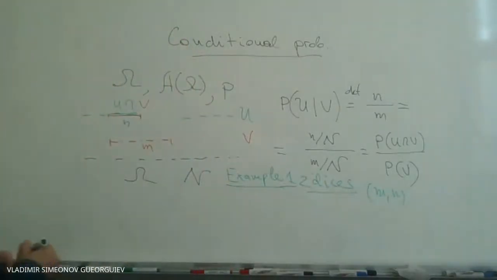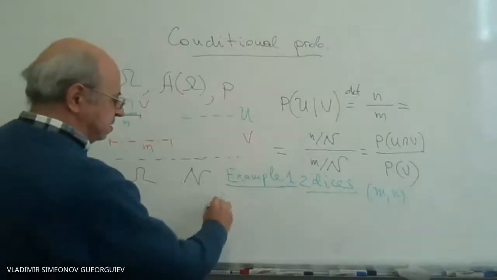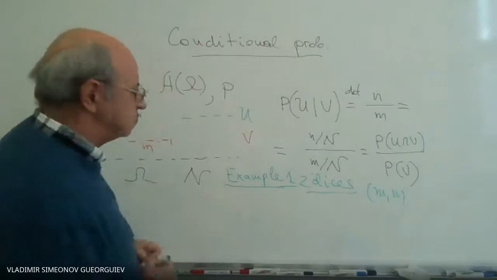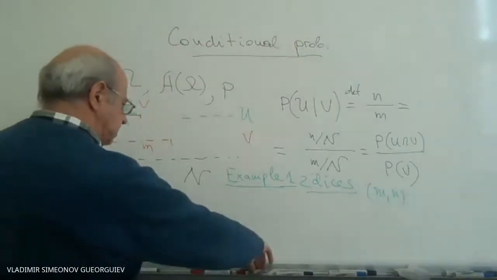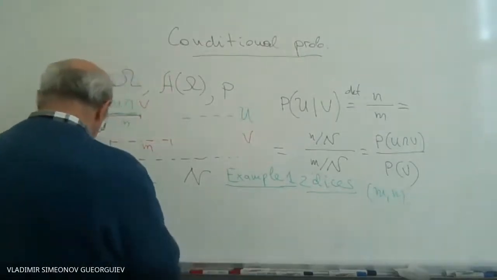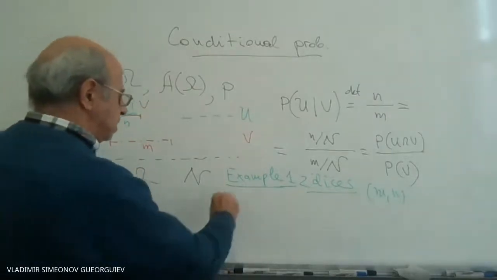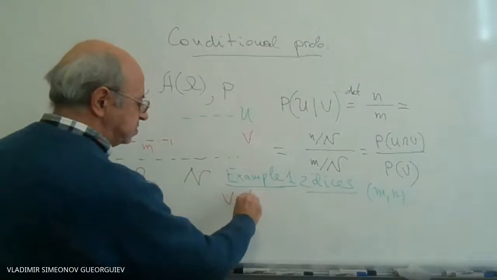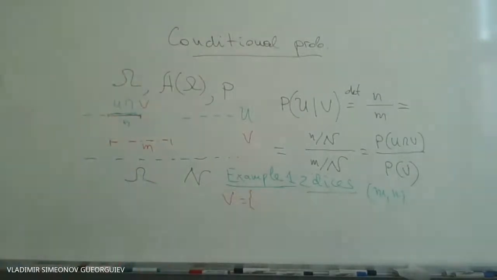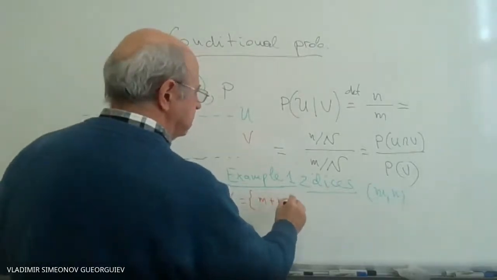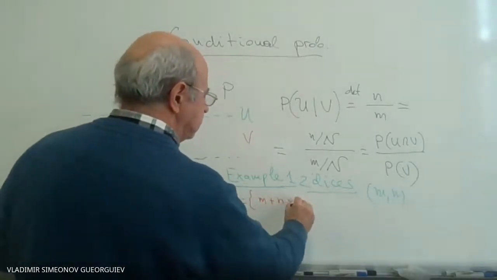So let us take our event V. Our event V, let us put it in red, this event is simply m plus n is greater than 5.